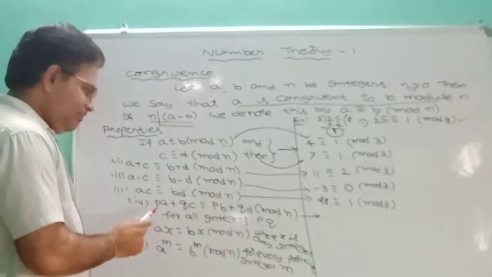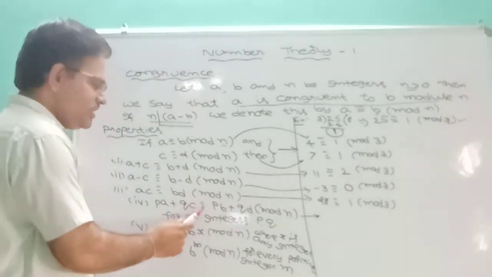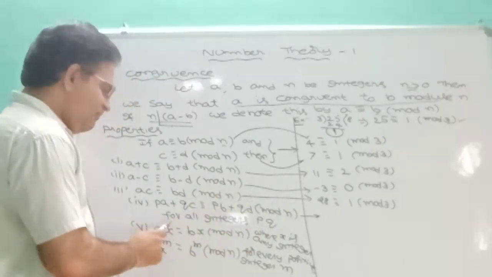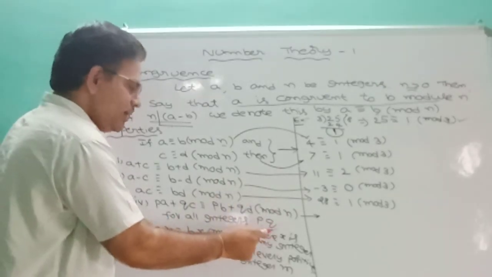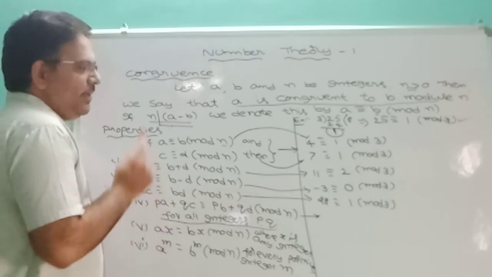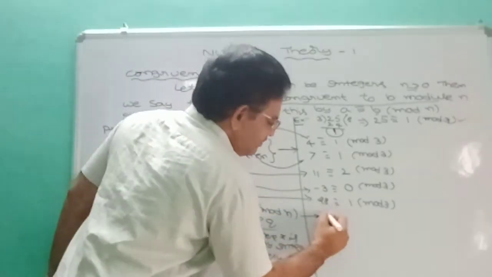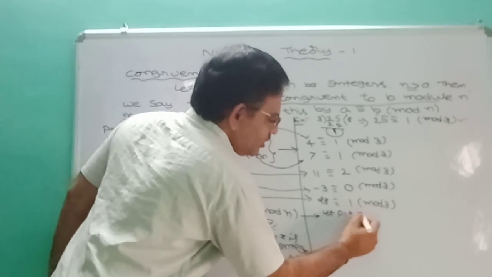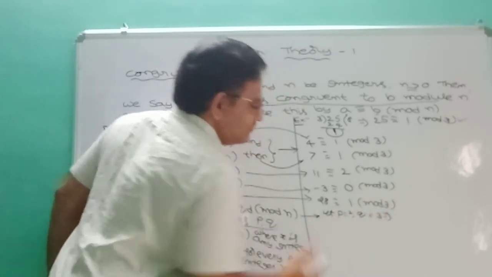Fourth property: pa plus qc is congruent to pb plus qd mod n, for all integers p, q. Let p equal 2, q equal 3.